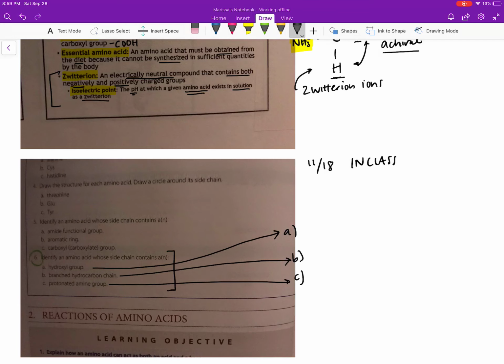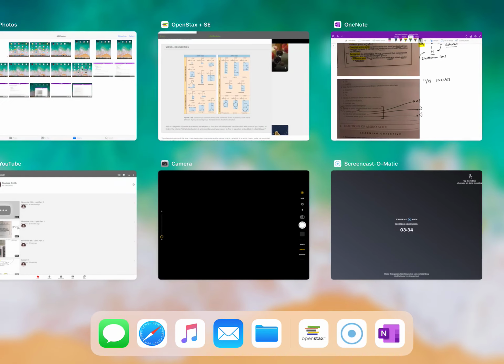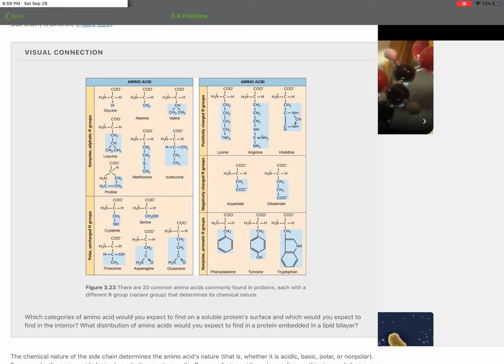So A, we are looking for a hydroxyl group. If you remember back to our functional groups, these are OH groups. Looking at our table, I see none in the first group. Now looking at the second group, the one at the bottom, polar uncharged R groups, the bottom left, I see that serine has CH2OH in the blue box.